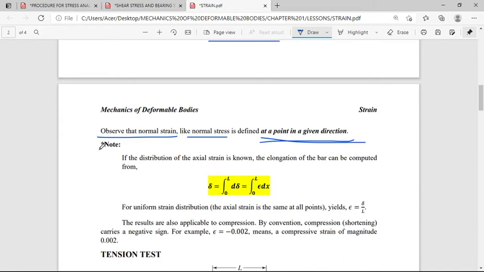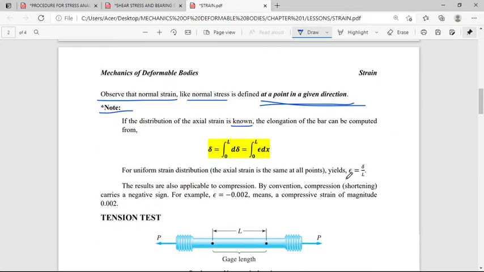So, take note, na kung alam mo daw yung distribution ng axial strain, yung elongation daw ng bar can be computed through this formula.